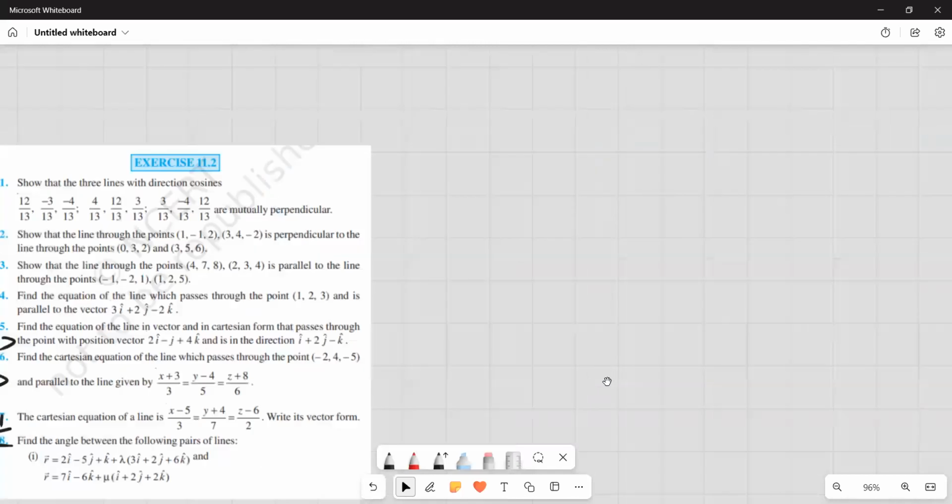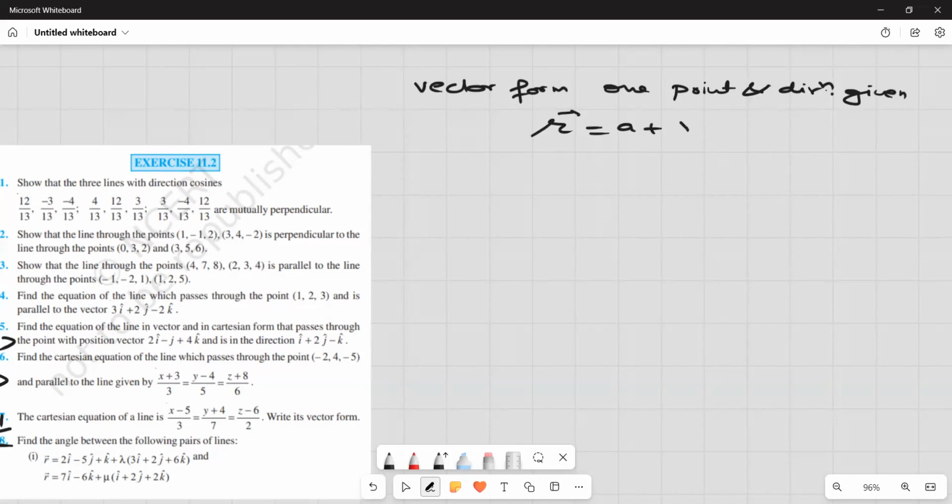Next is the equation of a line in space. Equation of a line in space for vector form, when one point is given and direction is given. Direction means DRs are given. Then the equation is r = a + λb. a is the point, b is the direction ratios.